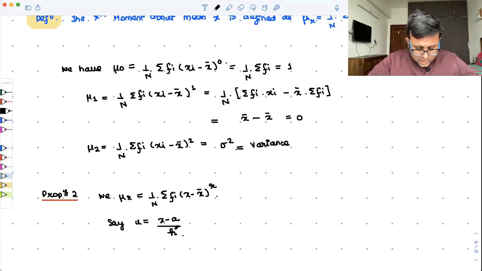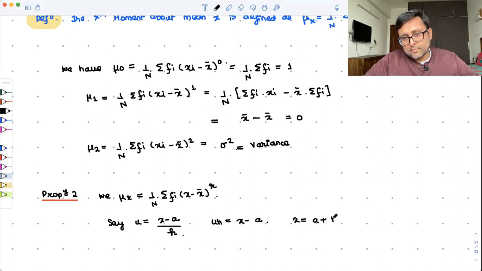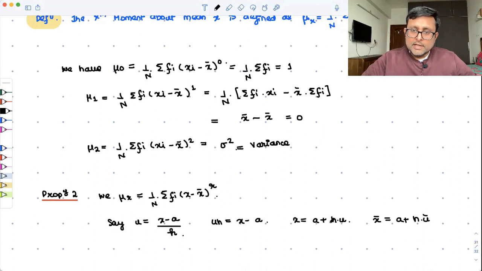So how do we say this? You can find out what x is going to be. So it is x equals to a plus hu, right? These are constant, beta. So when you take the expectation here, expectation of a constant is a constant, and expectation of hu, h will come out of the expectation.